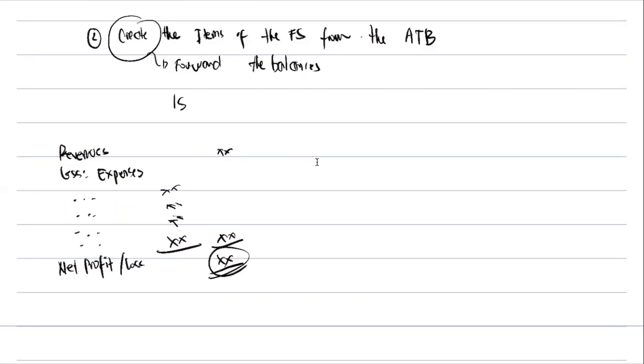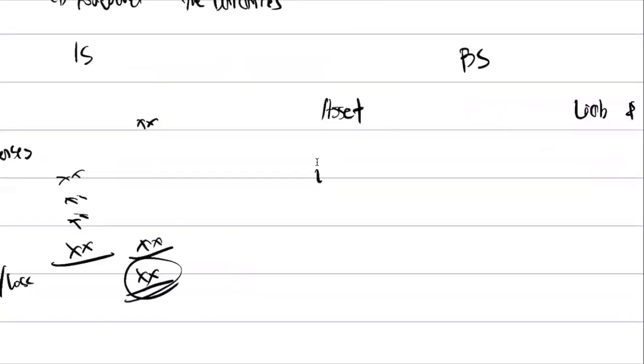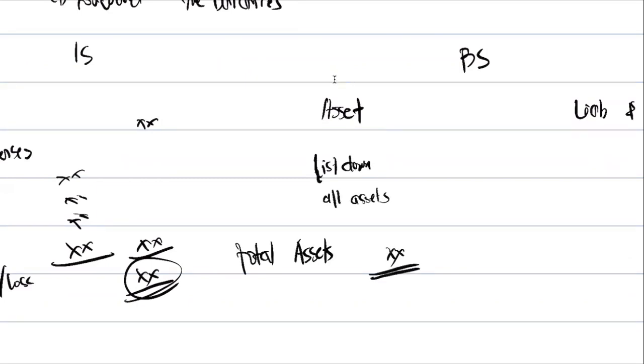And then on your balance sheet, we have here your assets and we have here your liabilities and equity. So you list down all assets in this particular portion. Tapos magkakaroon ka dito ng total assets.